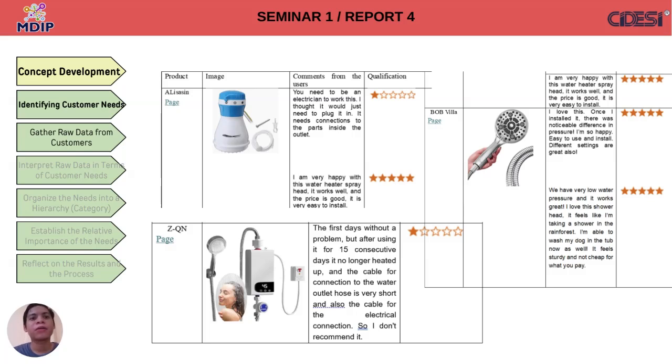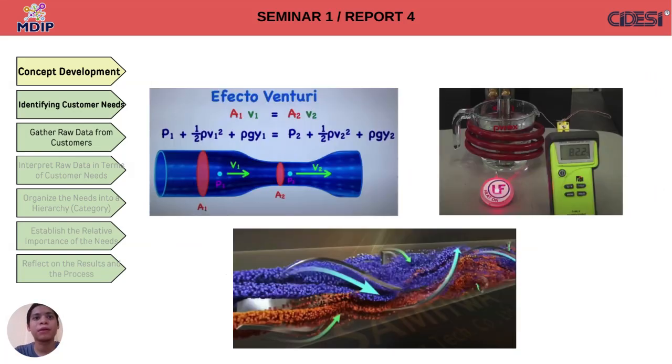User feedback on existing products was reviewed to analyze what customers value about this type of product. The review of existing products led us to review the physical principles that could be useful in the future.